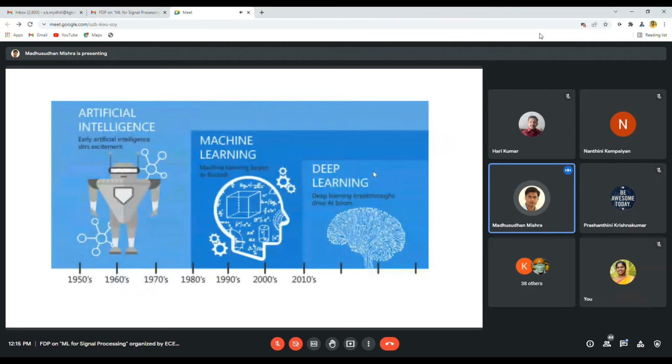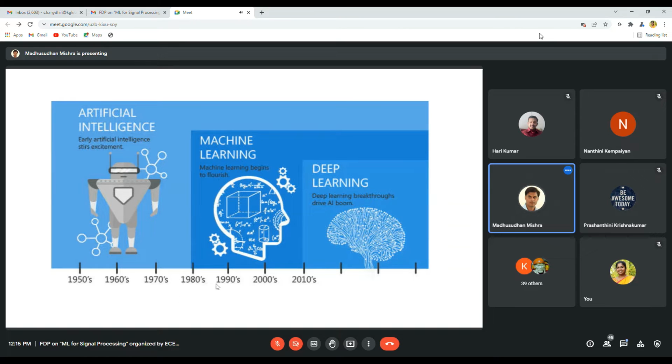And this is the history of how the growth has taken place, how early artificial intelligence has grown up under different names. In the early 1950s and 1960s, there was an era of artificial intelligence.